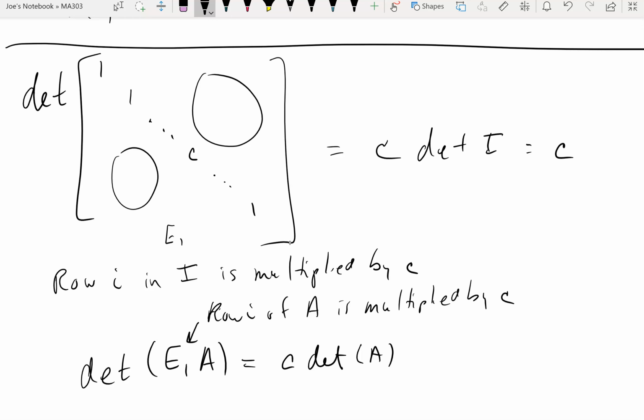But what else did we just say has a determinant of C? Well, that was E1, right? Do you agree?